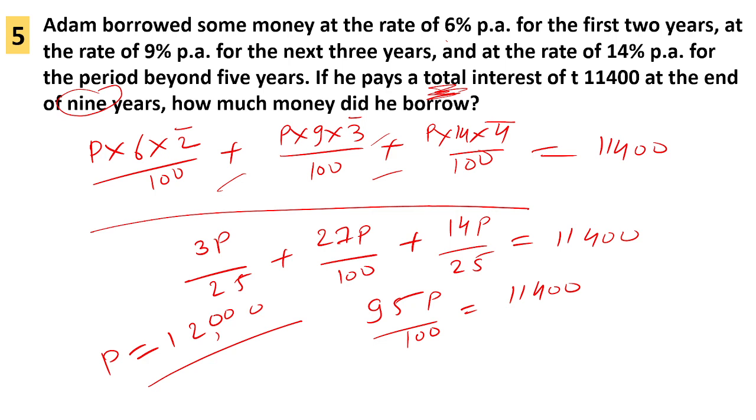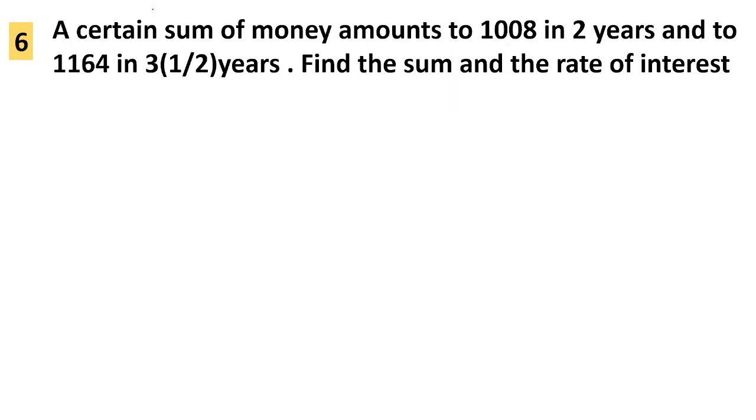Okay, let's move to the next. A certain sum of money amounts to 1008 in 2 years and 1164 in 3 1/2 years. Find the sum and rate. First, let's see. We can find the simple interest easily. Subtract 2 years from 3 1/2 years, so the 1.5 years simple interest will be 1164 minus 1008.